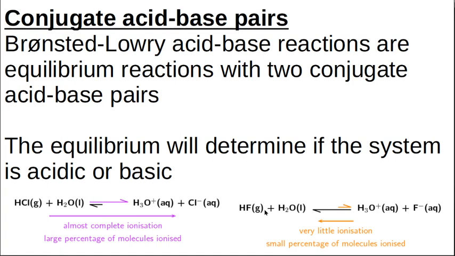But then if we mix hydrogen fluoride with water, this one actually doesn't ionize as much. So the forward reaction is just a little small arrow. There's actually not a lot of protons formed, and the backward reaction is much stronger. So if you looked into a solution of hydrogen fluoride and water, you would expect to find far more hydrogen fluoride and a low concentration of hydronium ions.